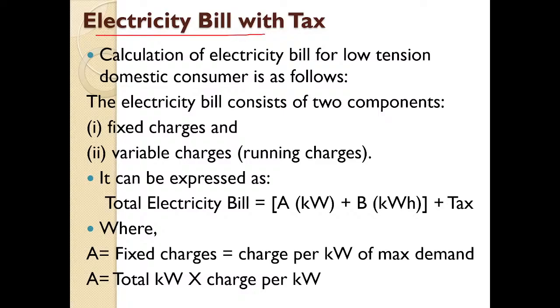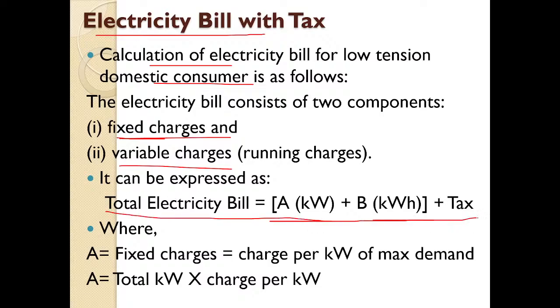Now let us see the LCT bill with tax, especially for this two-part type tariff. Here again they will consider fixed charge and variable charge. So the total LCT bill is the fixed charge plus variable charge, A plus B, plus tax.